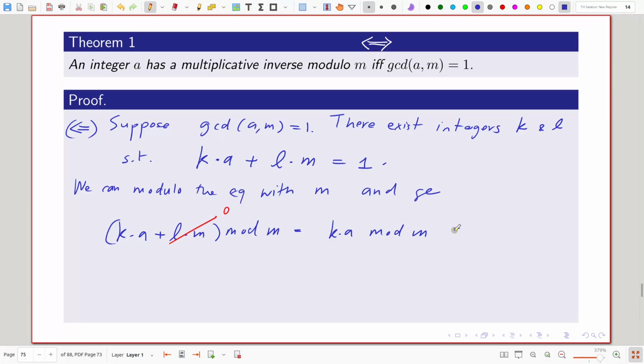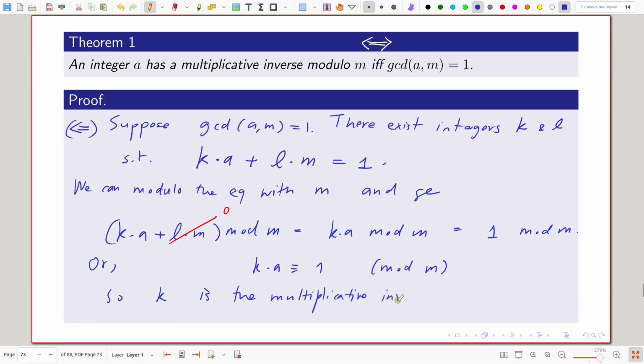And then this is equal to 1 mod M, or K times A equals 1 mod M. So K is the multiplicative inverse of A modulo M, as required. Okay, so that's the proof that the multiplicative inverse exists.